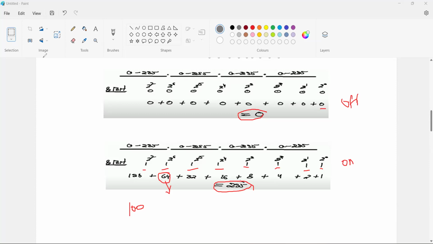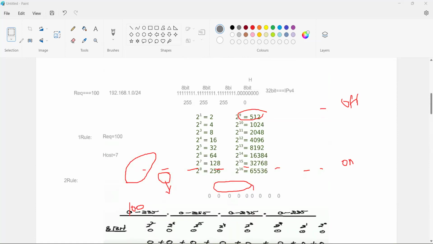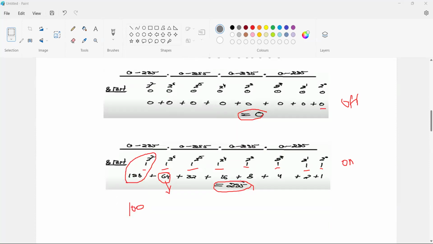No, right? That is the reason, since my requirement is 100, I took the host bits as 7. Got it?